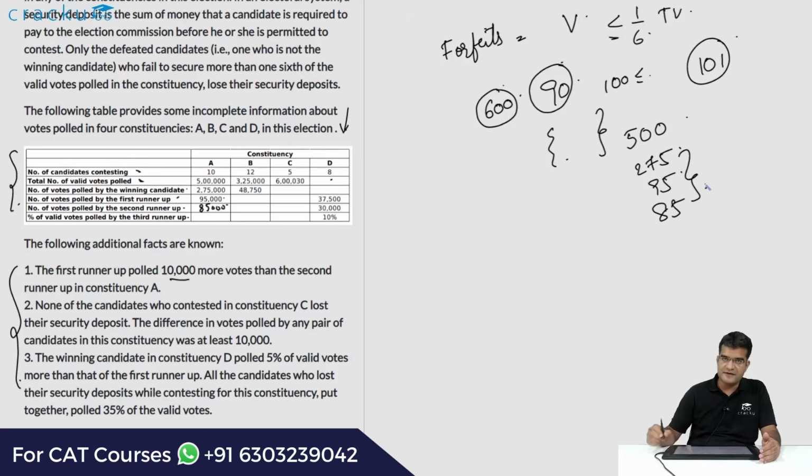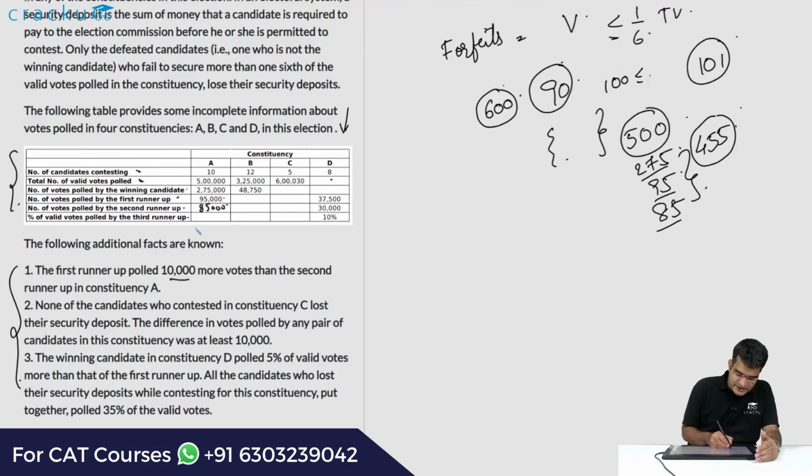Adding up these 3, 275 plus 95 plus 85, equals 455,000 votes. So the remaining votes, 500 minus 455, that is 45,000, is the number of votes received by all the remaining candidates.